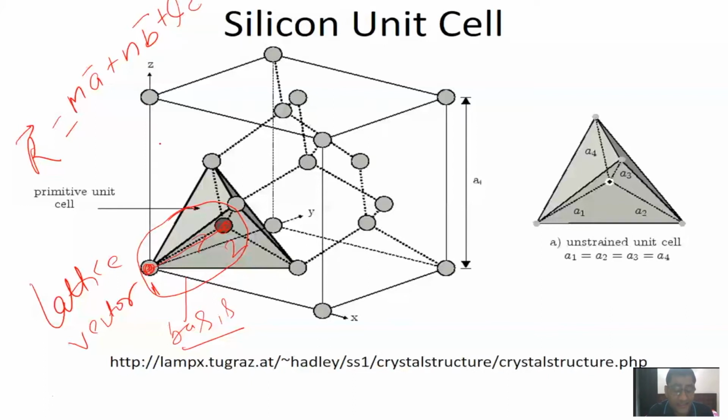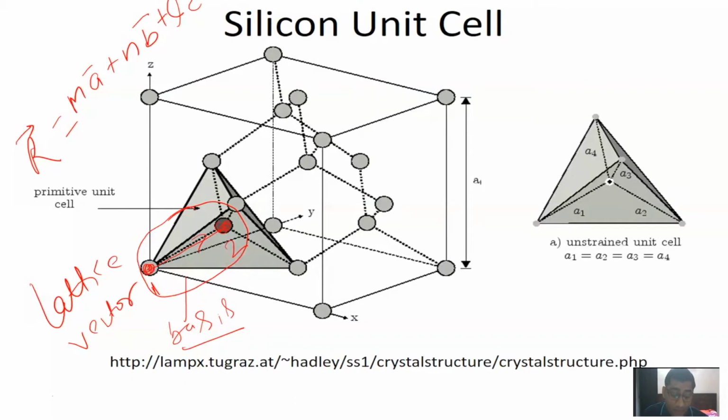If they are not integers, that means A, B, C are not lattice vectors, correct? So you take a lattice point, define lattice vectors, and then you can get all the lattice points by translating along these vectors or a combination of these vectors.